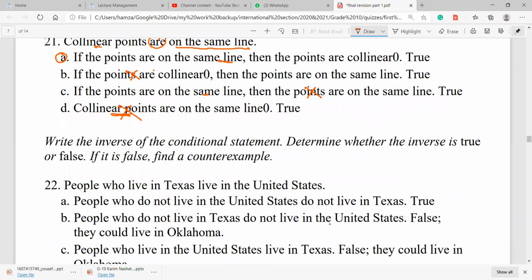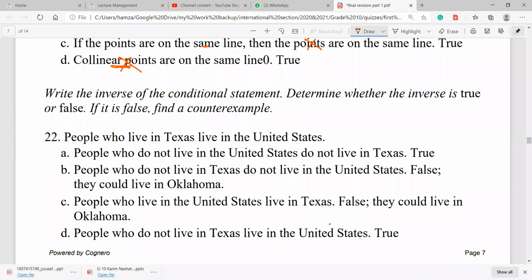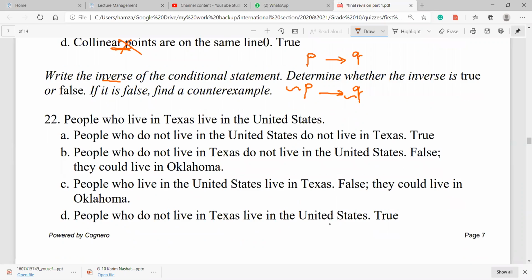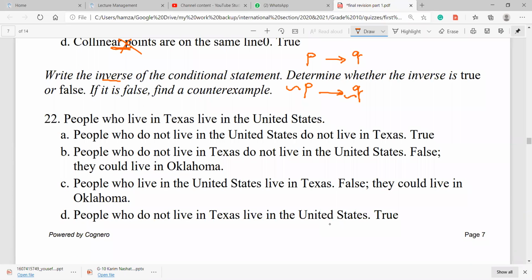Okay. Write the inverse. In the inverse, guys, if the statement is written like this, if P, then Q, the inverse will be like this. We will negate statement P and statement Q. Do not change their places. Just write them in a negative form, guys. So, people who live in Texas live in the United States.